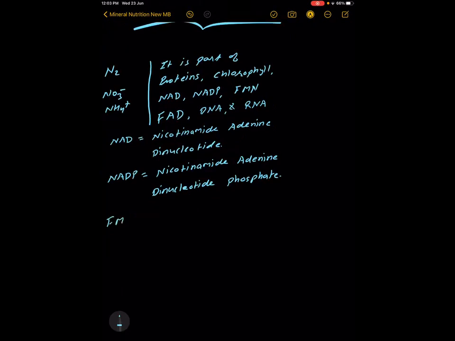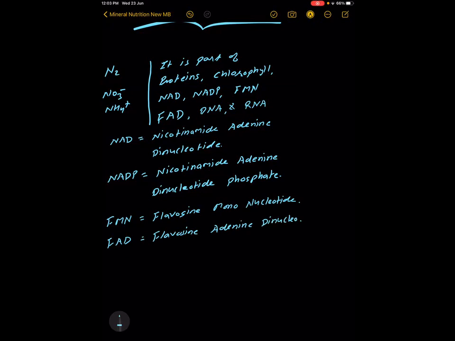FMN means flavin mononucleotide. FAD means flavin adenine dinucleotide.